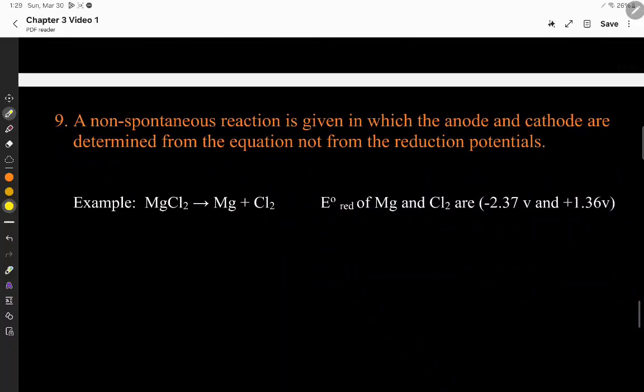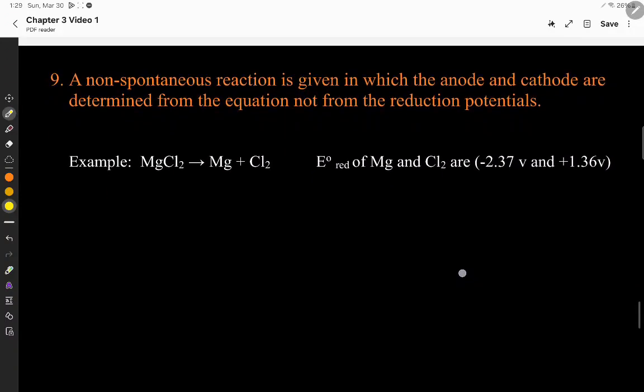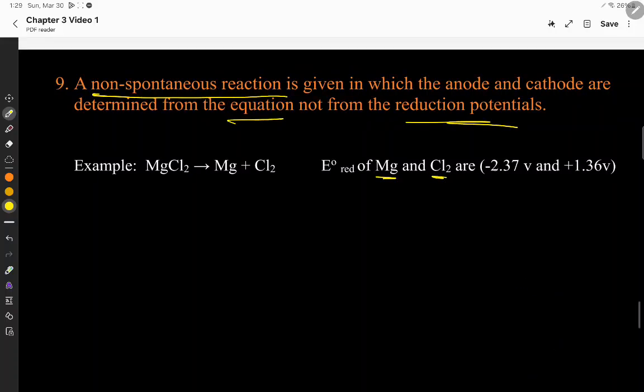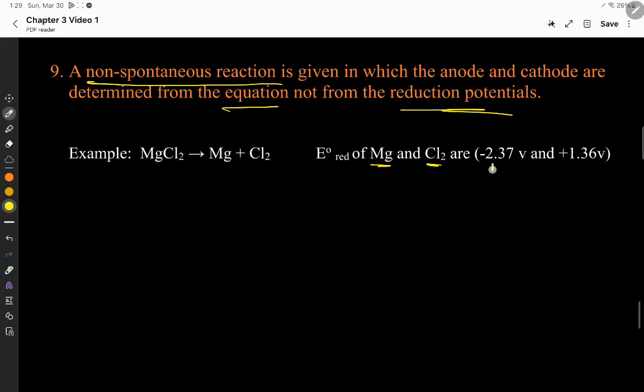Let's look at the last type of question, where they give us non-spontaneous reactions. We should determine the anode and the cathode from the equation, not from the reduction potentials. In this question, we can make a great mistake if we determine the anode and the cathode from the reduction potential. For example, this is less reduction potential, so we would see it as anode.